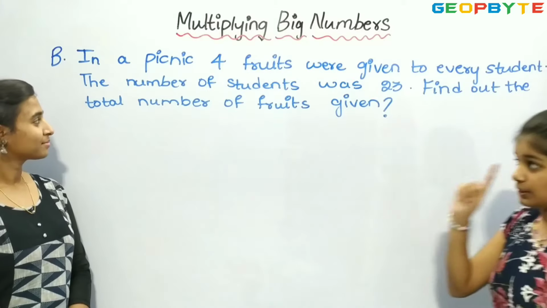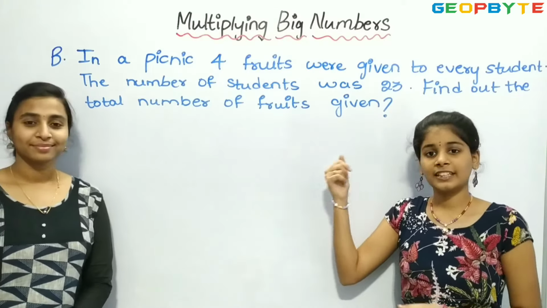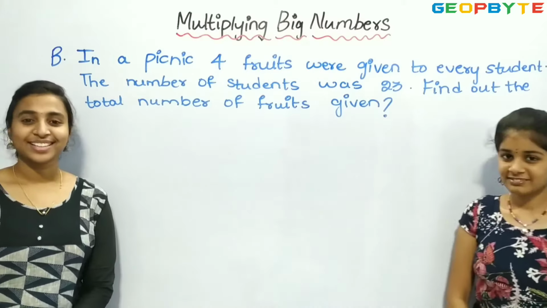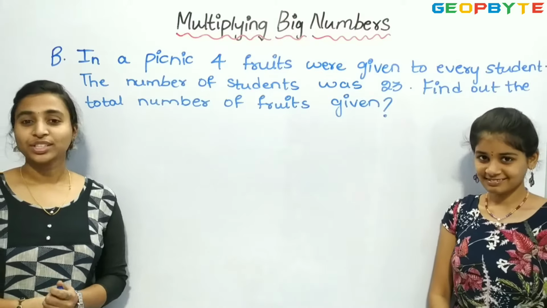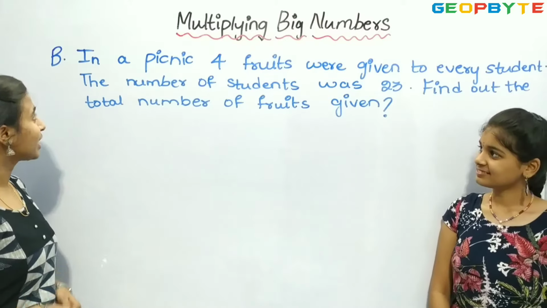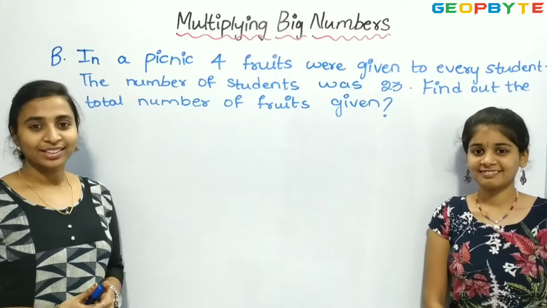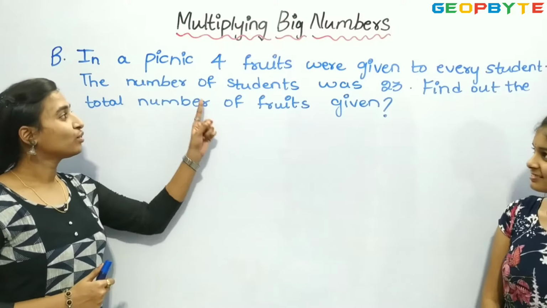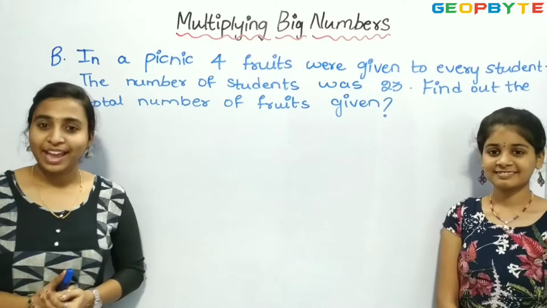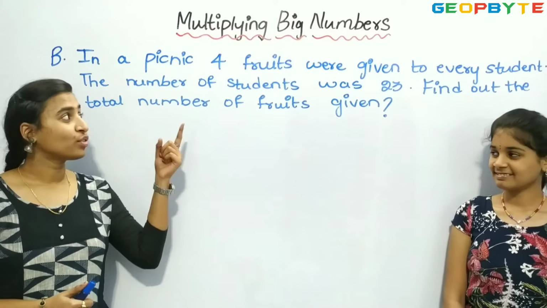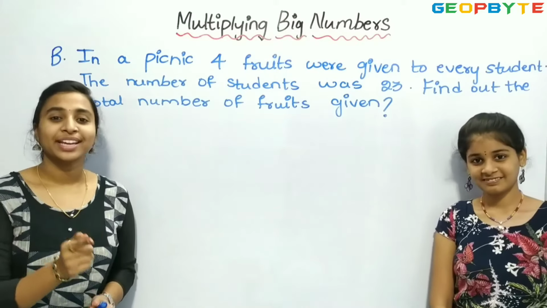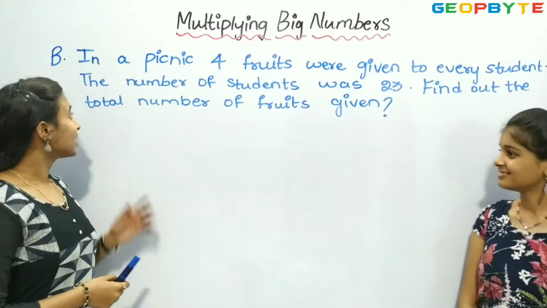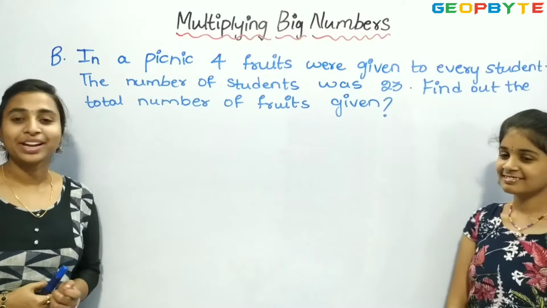Find out the total number of fruits given. Yes, let us find out. Children, the question is given that in a picnic, 4 fruits were given to every student. Means 4 fruits were given to each student. The number of students were 23.